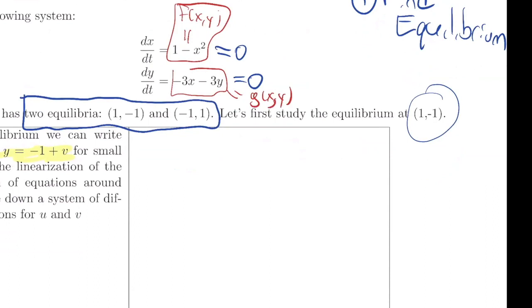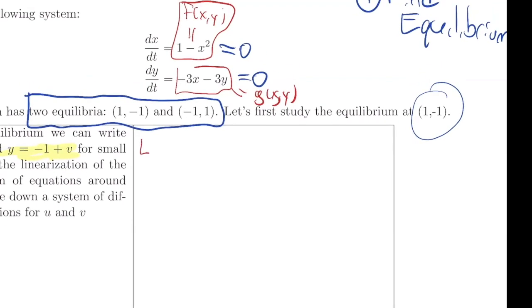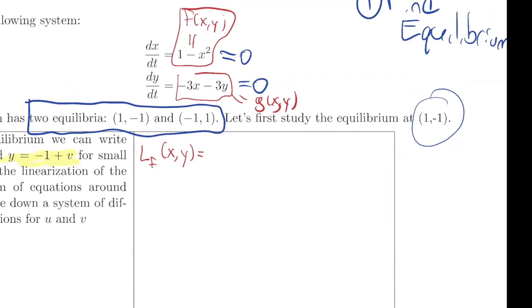These are two functions, generally speaking, that could be of two variables, x and y. And so we're going to come up with the linear approximation for each of those. Okay, so how we can do that, again, is using this formula over here.